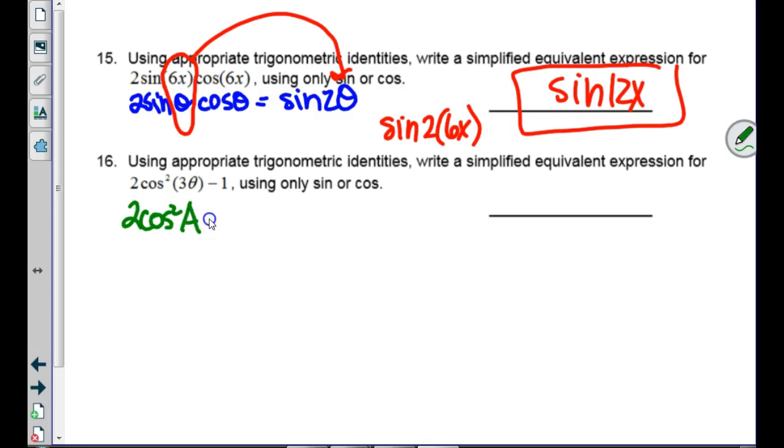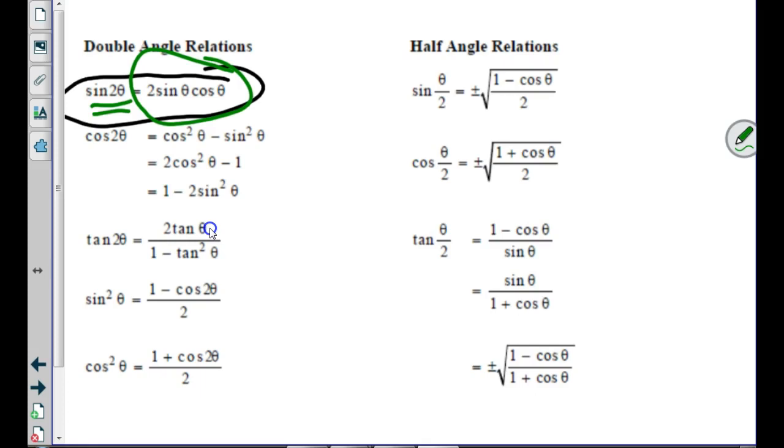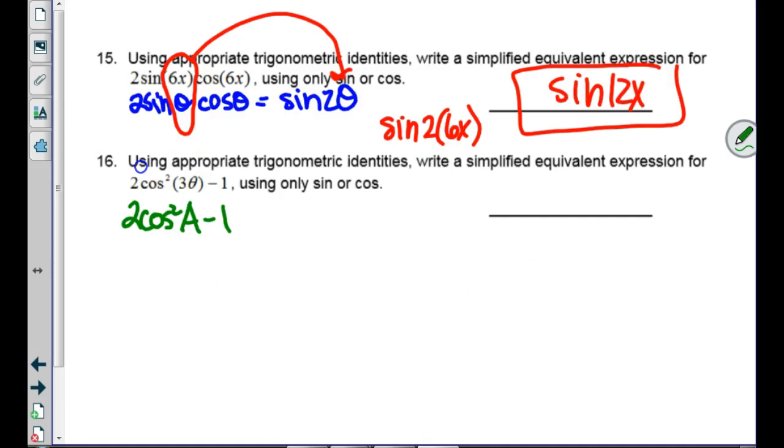I'm going to use a here just so it's a little less confusing. Does anybody see one that says 2 cosine squared minus 1? It's another one of the double angles, but it's for cosine. So this would be cosine of 2a.